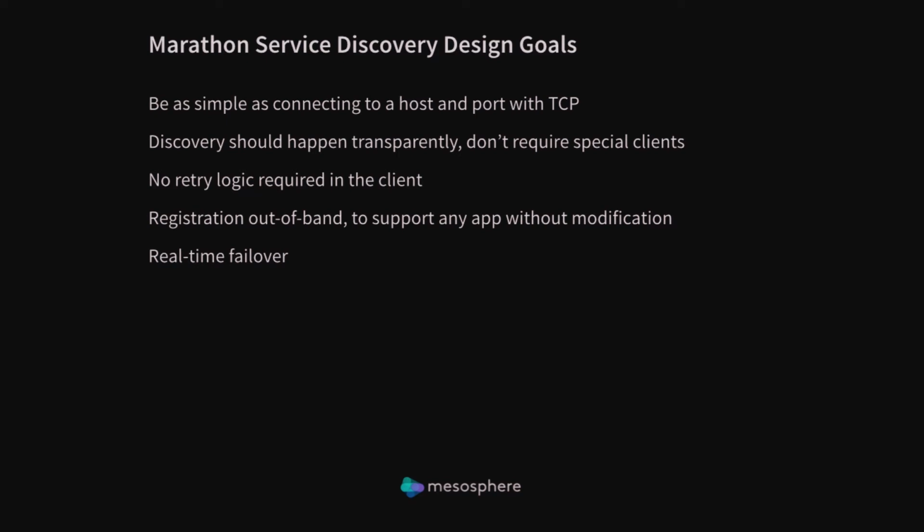We also didn't want the client to have to do any retry logic. A pretty common thing in distributed systems, you lose one of the nodes, but there's many other nodes you can talk to that do the same thing. And so typically, if you just retry with a different node, you'll get what you want. But that logic, we didn't want to force upon the clients. We wanted the discovery system to handle that.